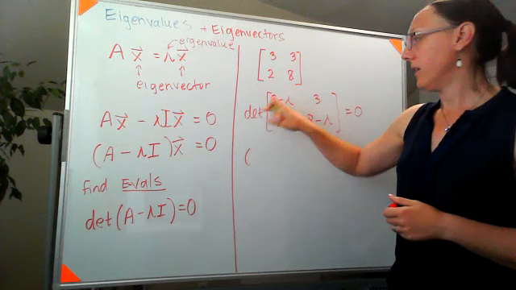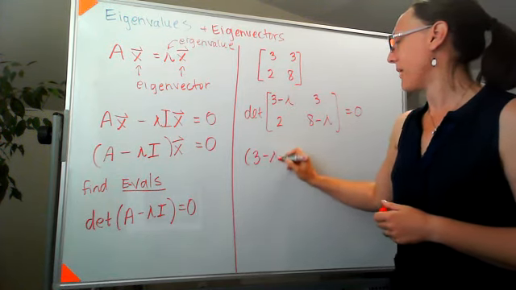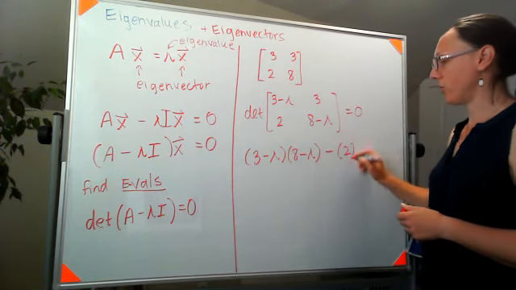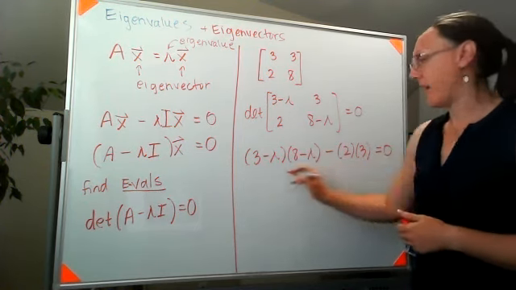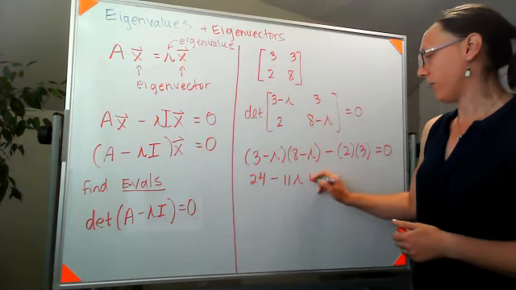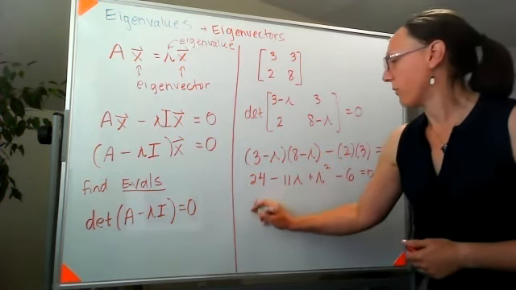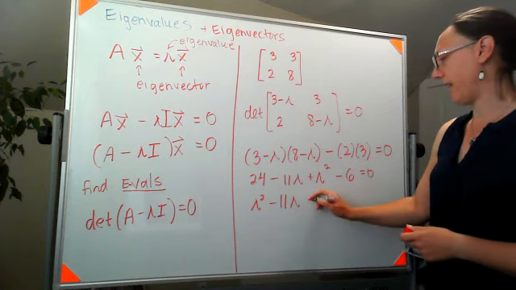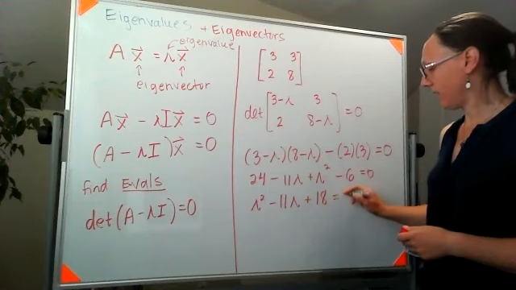When we do that, finding that determinant, I need minus. So 3 minus lambda times 8 minus lambda, minus 2 times 3, is equal to 0. If we distribute this out, that ought to be 24 minus 11 lambda plus lambda squared, minus 6. So if I rearrange that, I'm looking at lambda squared minus 11 lambda plus 18.